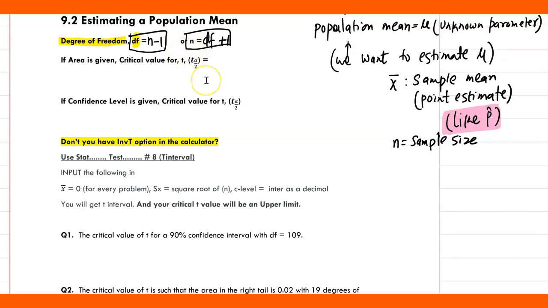Okay, now there are two formulas or calculator functions we use to find the critical value. This is similar to the previous section. If you remember the last section 9.1, z alpha over 2 is the critical value.